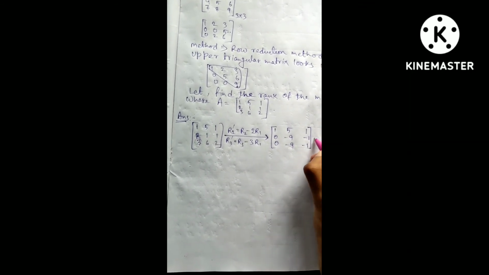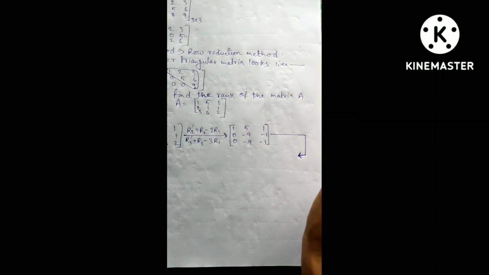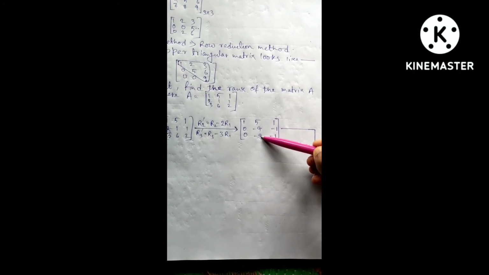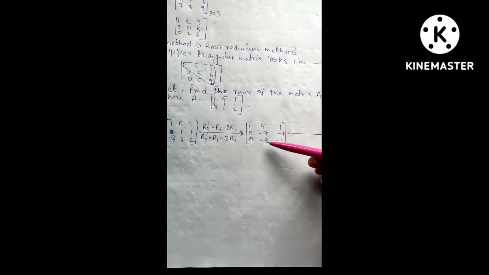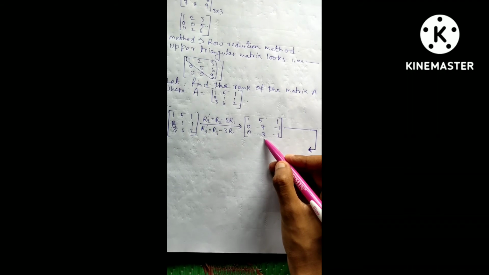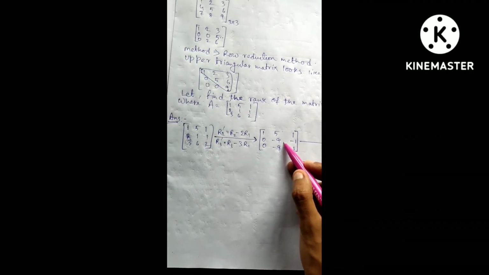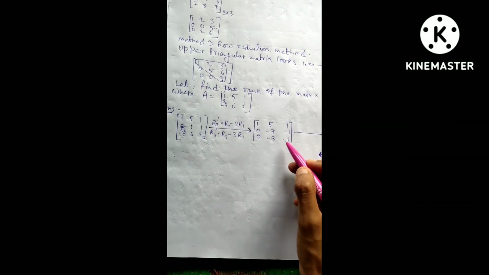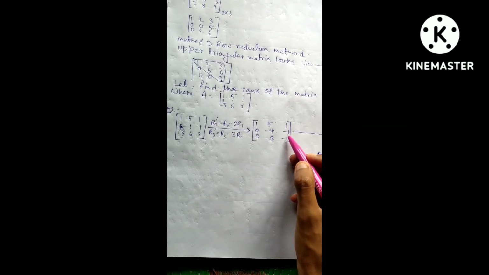So to make them 0, we subtract the third row from the second row. So this element is 0 and this element is 0.